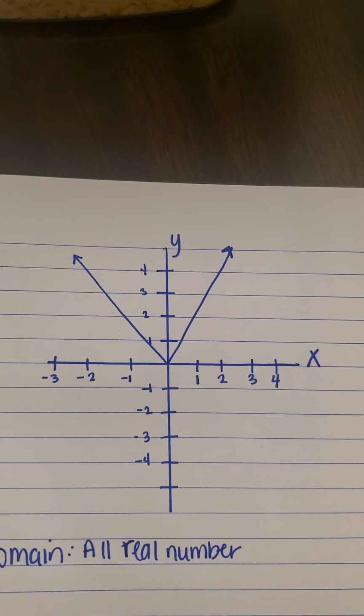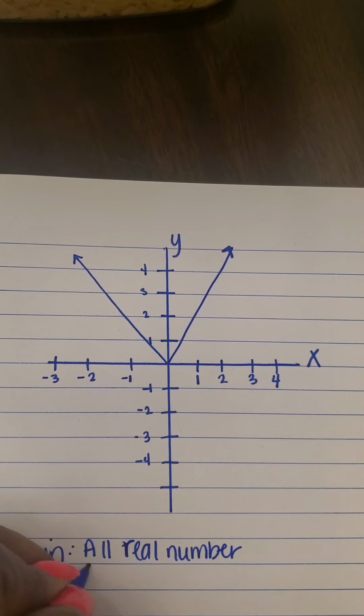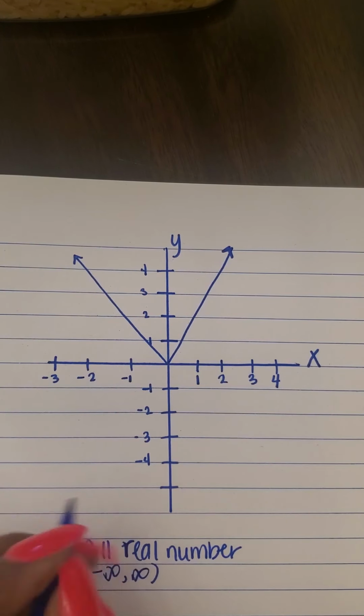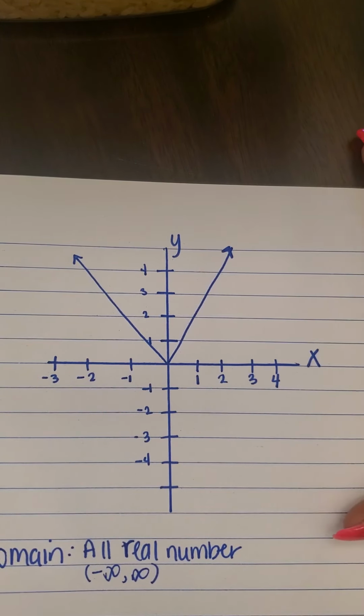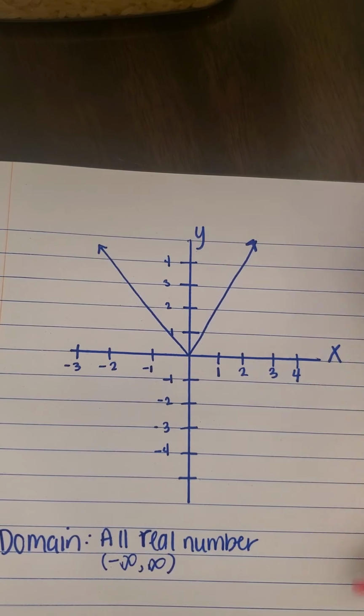Okay, another way to write this out is we can say from negative infinity to positive infinity. All right, and that is our domain.